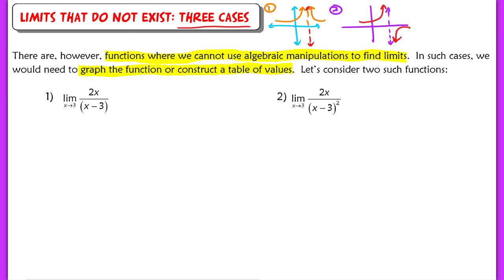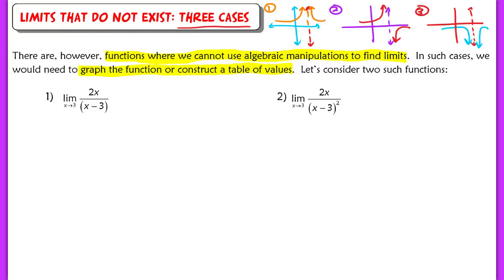It doesn't matter if it approached from the right and went up, and from the left it went down. Doesn't matter, it's just two different directions, okay? Third case is if your function, as it approaches the vertical asymptote, tends towards negative infinity. So from both sides, we have values that get unbounded in the negative direction.